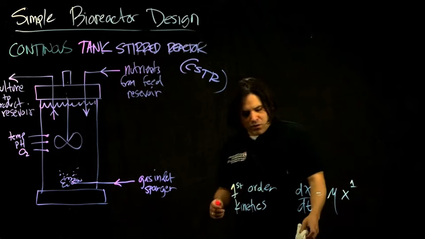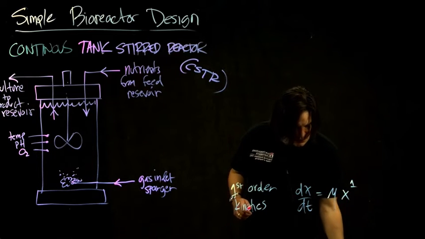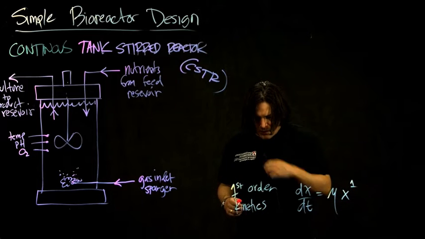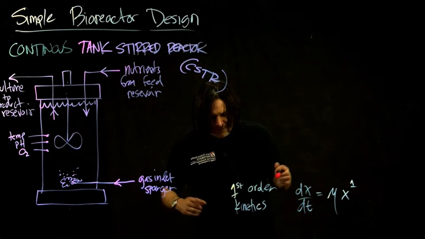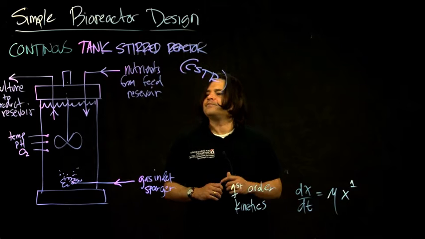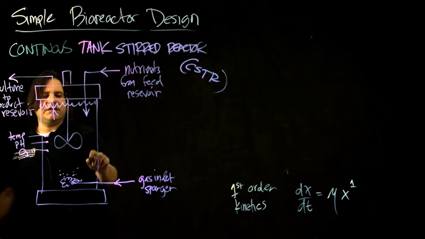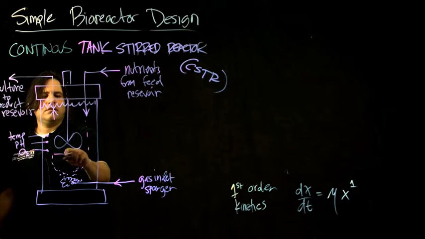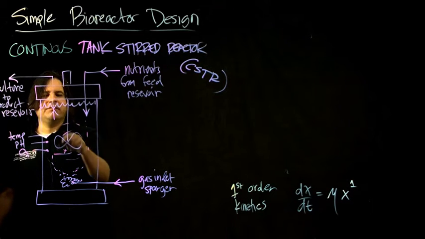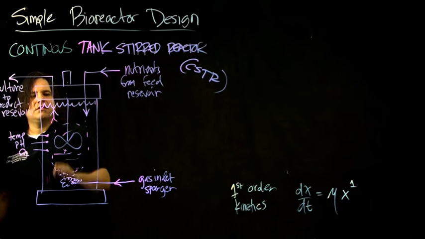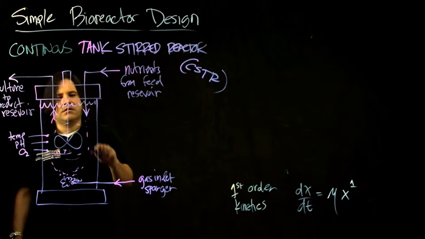Okay, so first thing is that when it's flowing in, doing its thing, and then flowing out, if it's uniformly mixed, it's like an average, a good average.